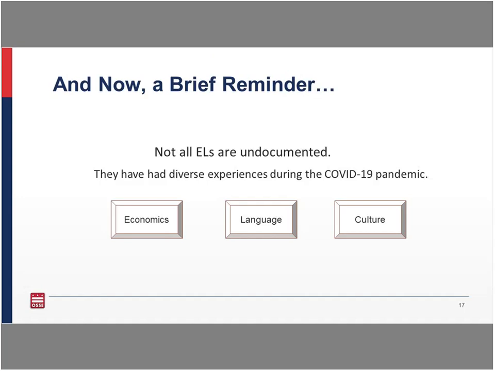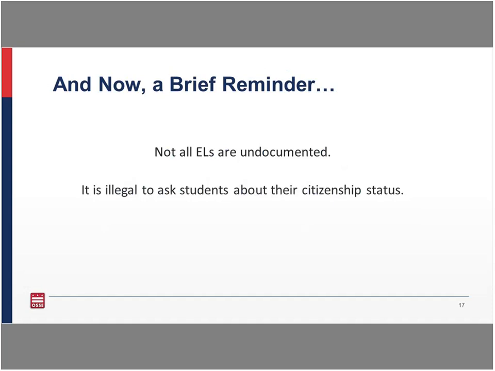Another reminder is that not all English learners are undocumented. We know very well in the United States, including the District of Columbia, that many English learners are born here and may in fact be born here with residency and have papers, quote unquote.